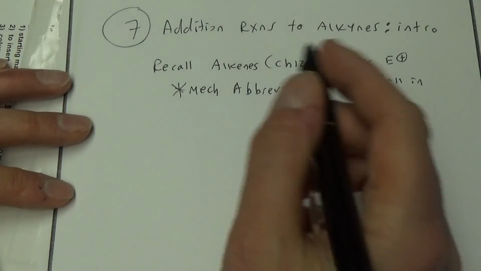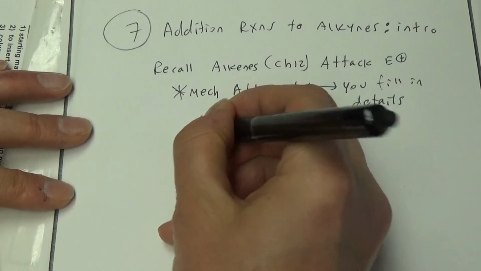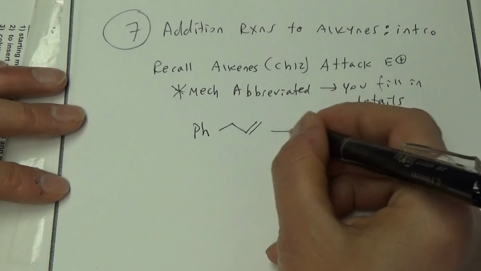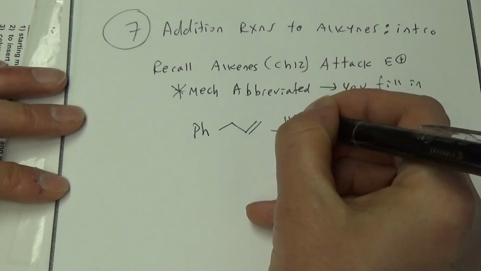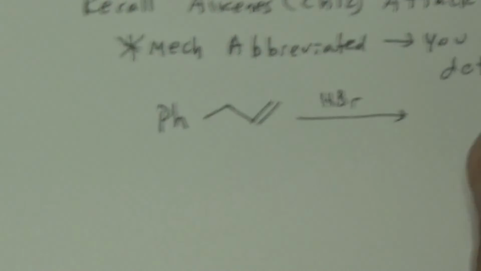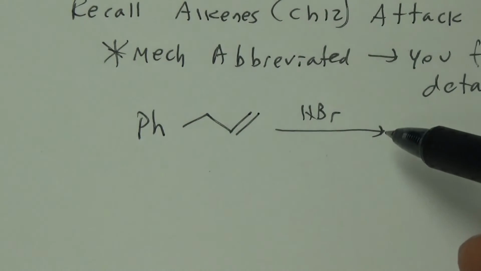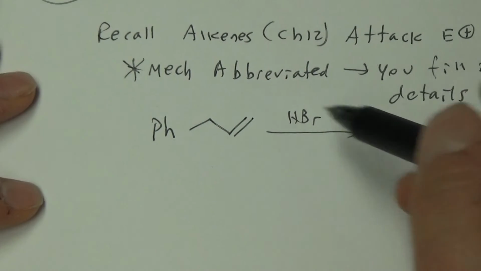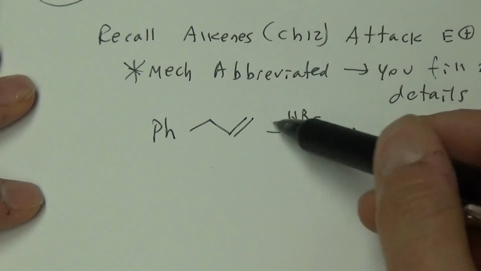I'll show maybe the key mechanistic intermediates. So let's think about this reaction. This is an alkene, and we react with HBr, right? Is this Markovnikov or anti-Markovnikov? Think about your old chapter 12 stuff. Of course, what's added? Well, an H and a Br, right?